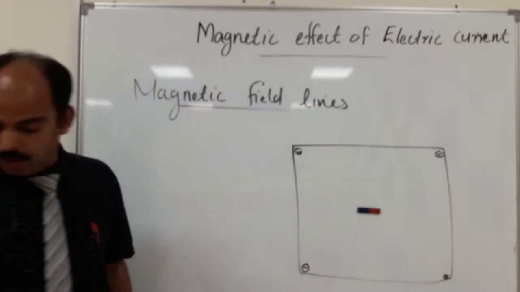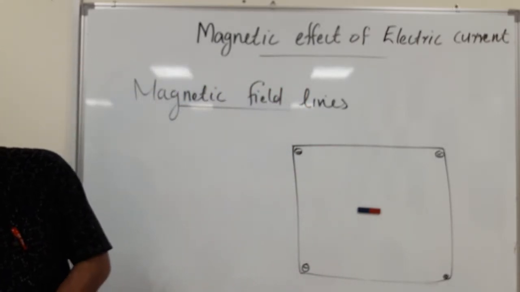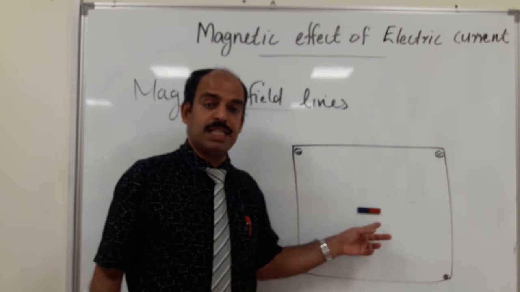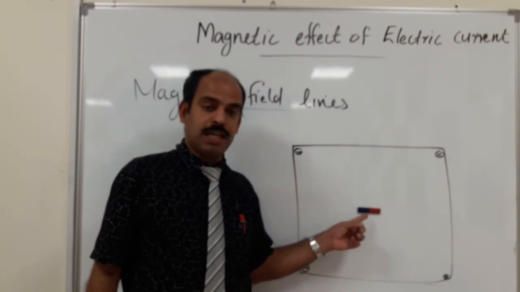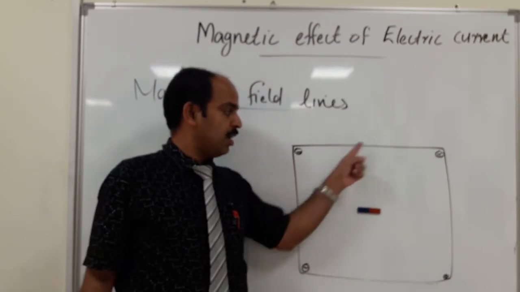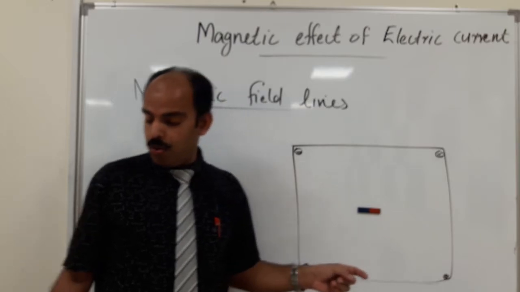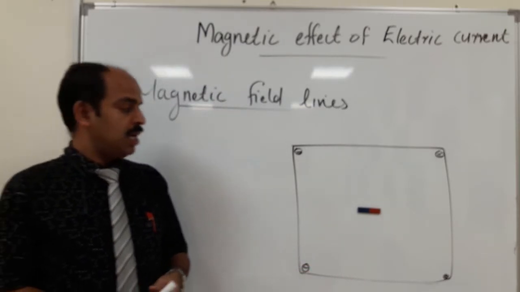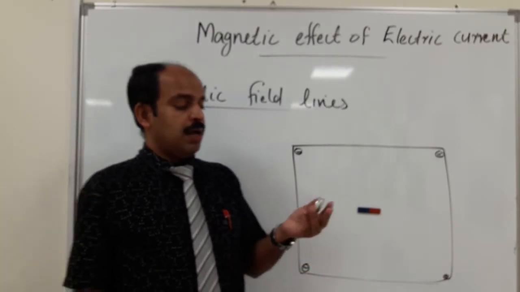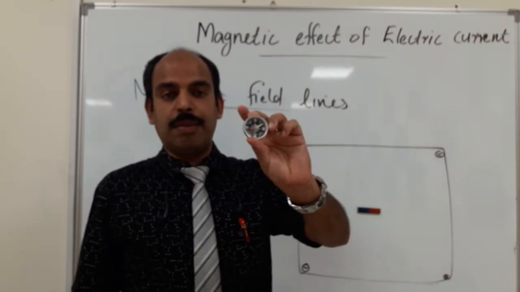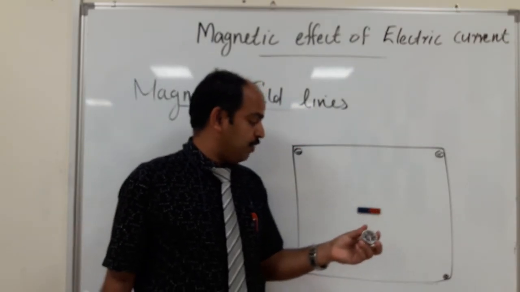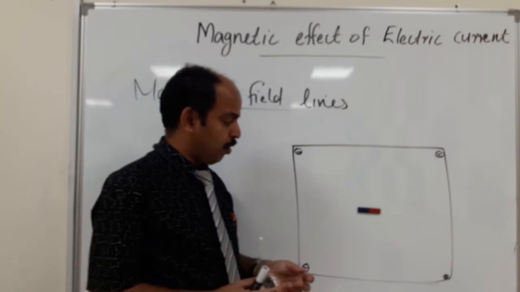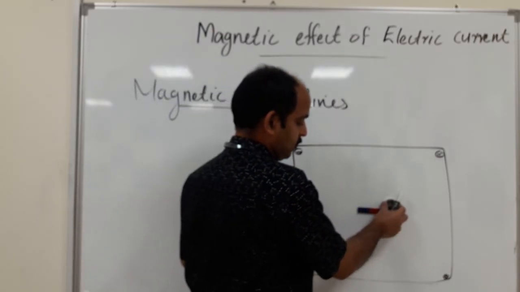Okay. So keep the bar magnet at the center of the white paper. Now the next step is to keep the compass. This is a compass needle. Keep the compass needle at the north pole of the bar magnet, like this.